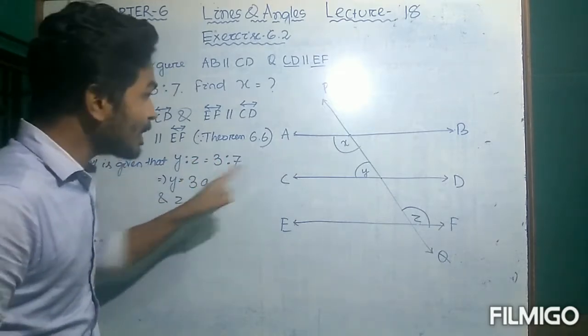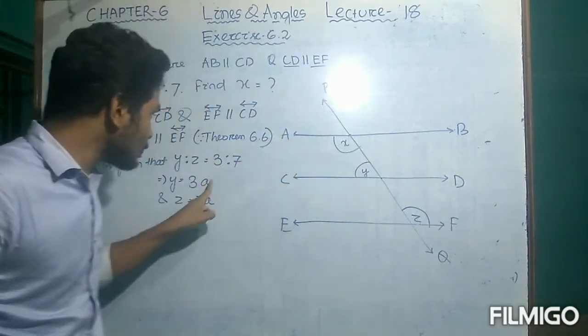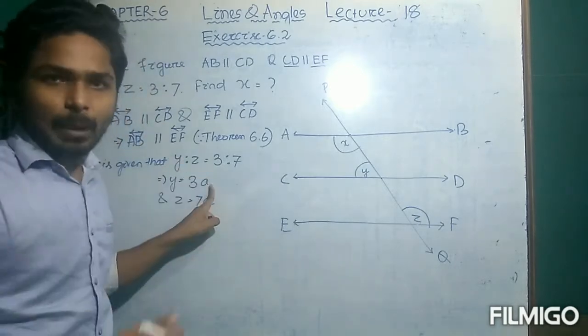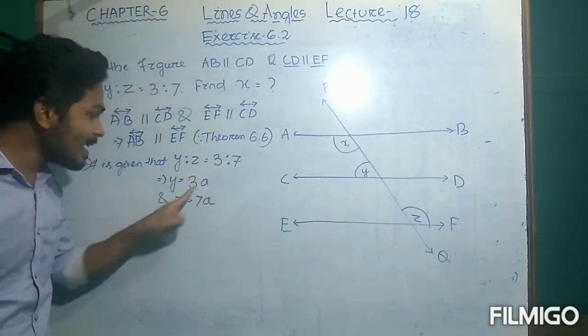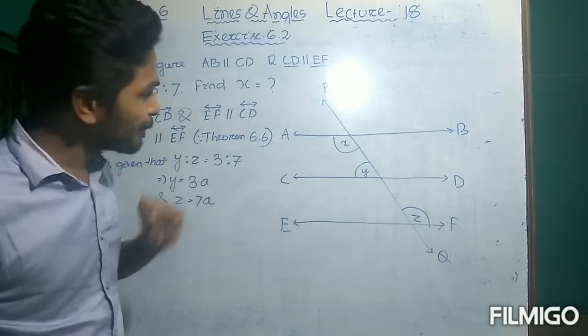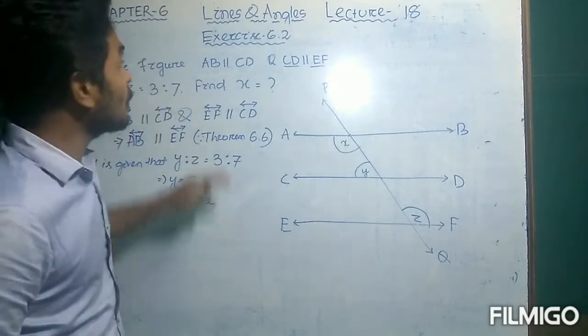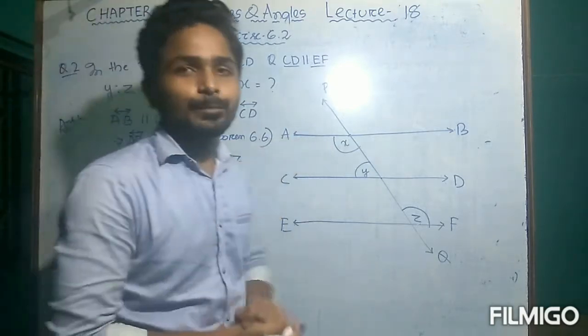You can take x, but since there is another x, that's why I have chosen another alphabet. Understood?